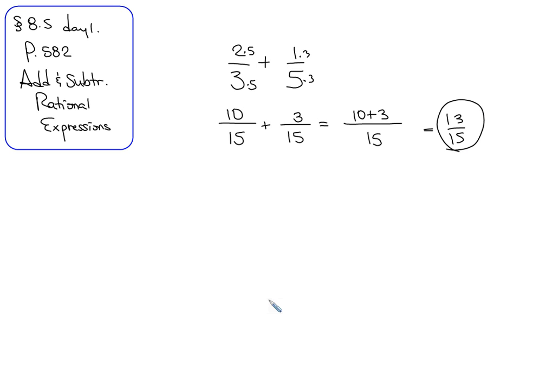No. Now, what happens if we have something a little more complex, like 2 over, let's say, 21 plus 3 over 30. Let's do a minus this time. So now we need to get a common denominator. What's the lowest common denominator for 21 and 30? Not 30.